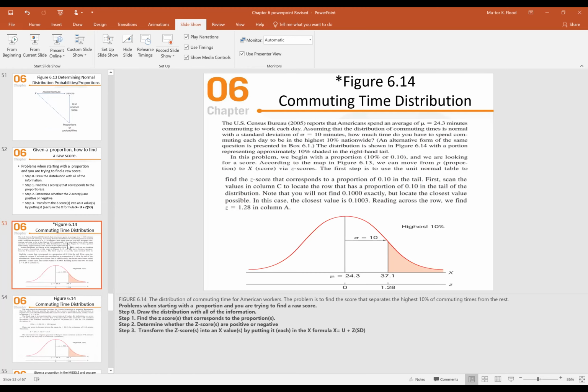In this one, the US Census Bureau reports that Americans spend an average of 24.3 minutes commuting to work each day. Assume that the distribution of commuting times is normal with a standard deviation of 10 minutes. So it's a normal distribution. If it wasn't a normal distribution, we would not be able to use the unit normal table.